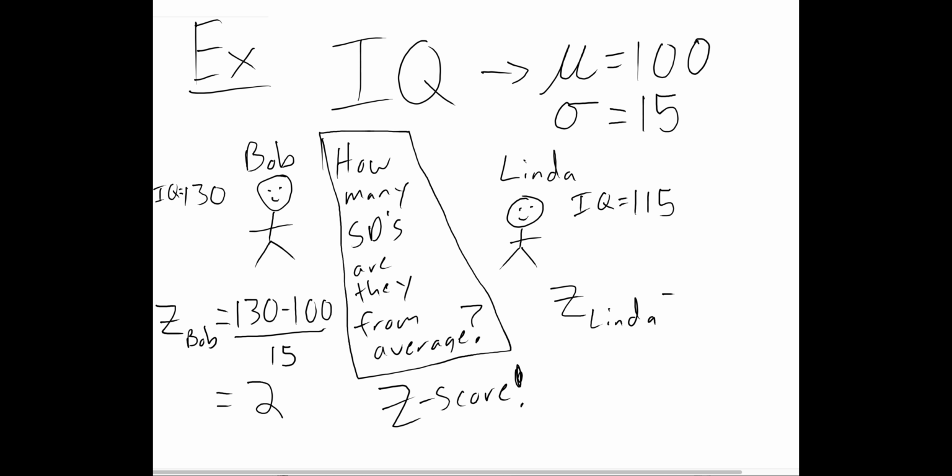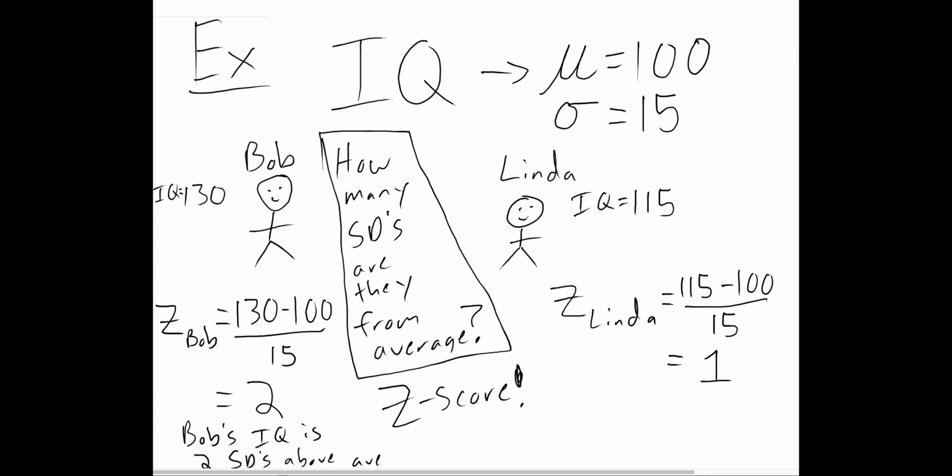Here's Linda's z-score. It's her data point minus the mean divided by the standard deviation. And so I could say that Bob's IQ is 2 standard deviations above the mean, above average, and Linda's IQ is 1 standard deviation above average.